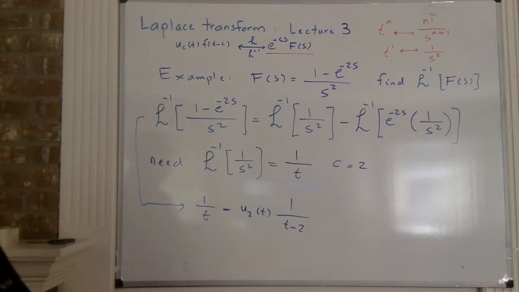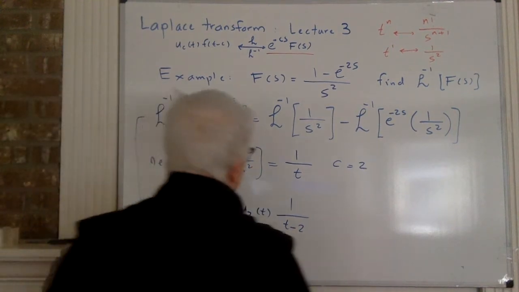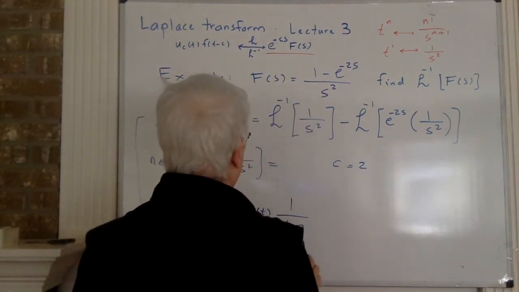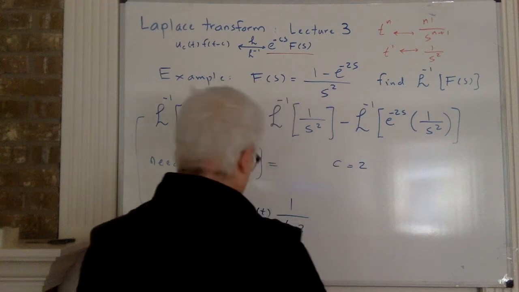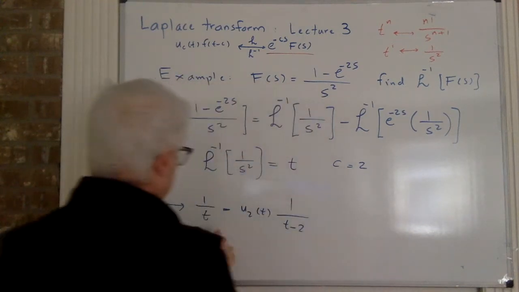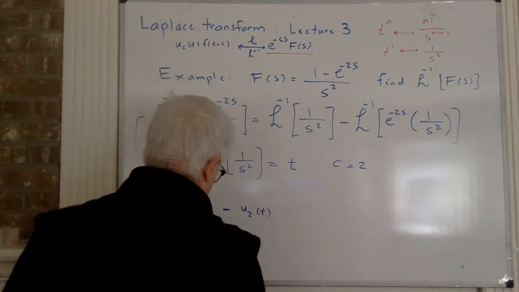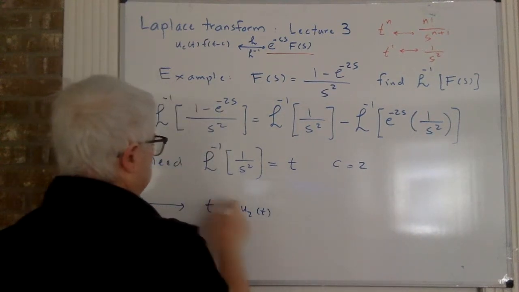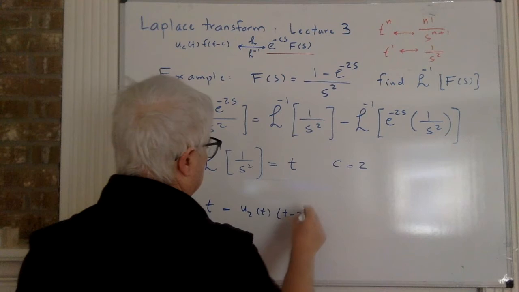Why did I write that? That's not minus, that's in fact t. So that's t, and this is t minus 2.